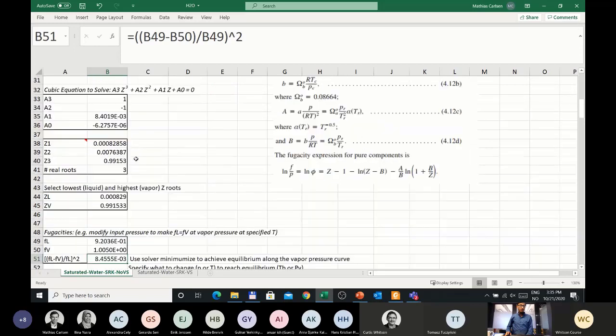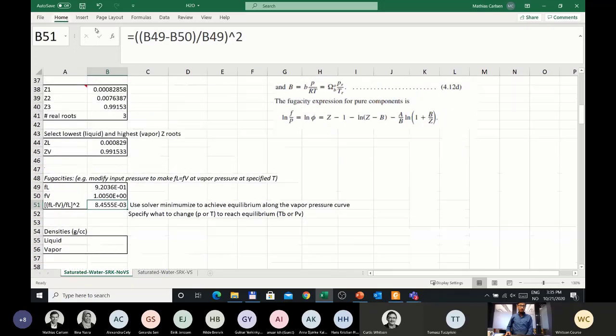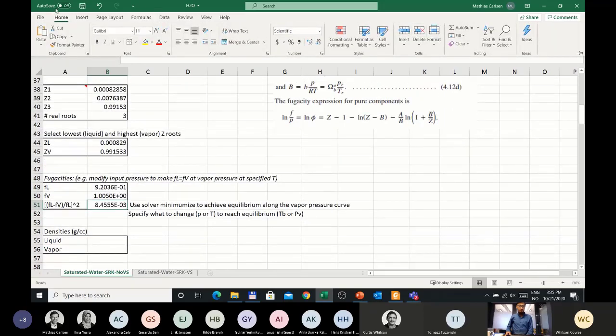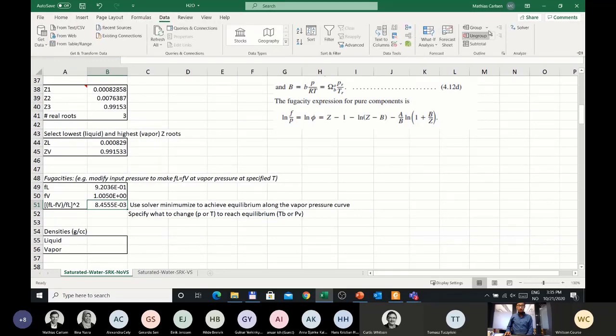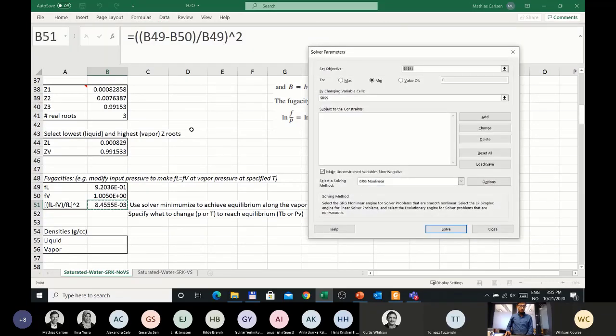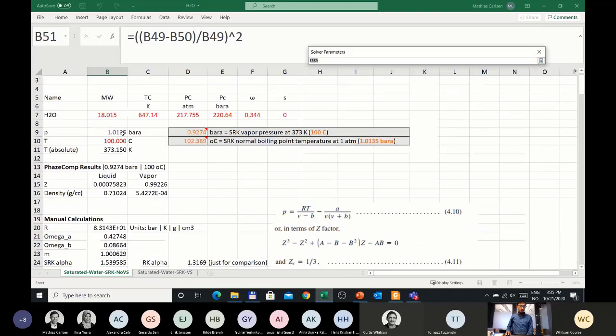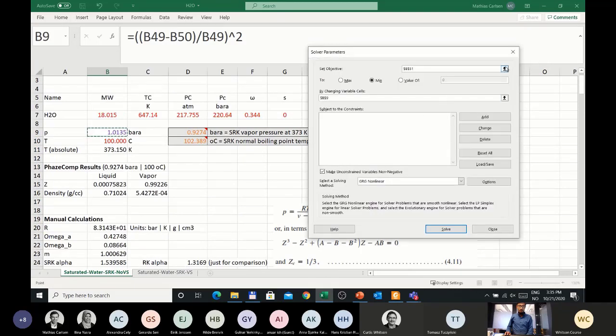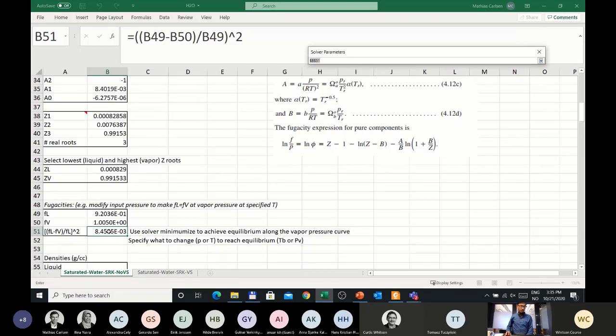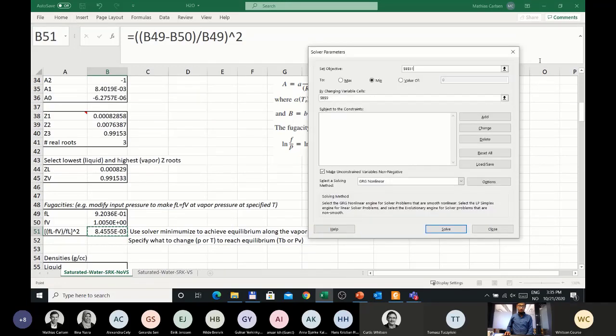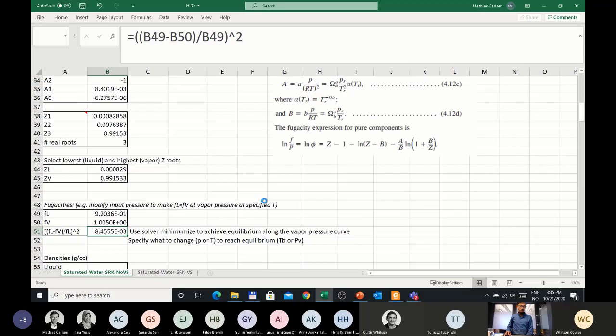That will be the vapor pressure when the 2 fugacities are the same.